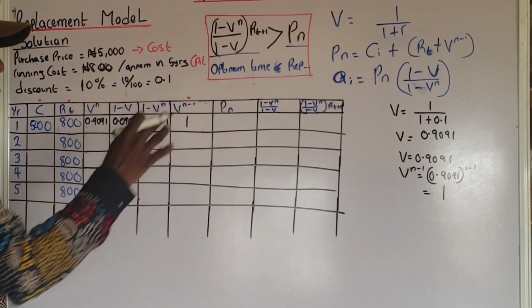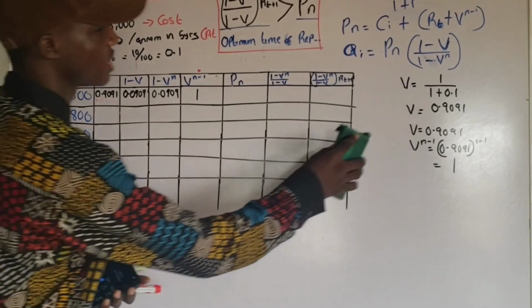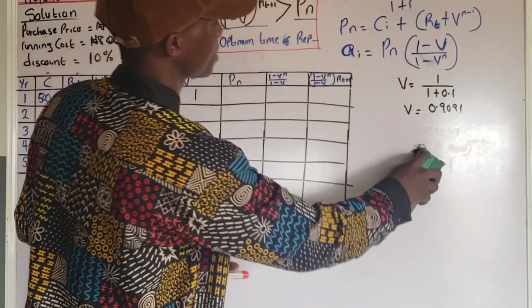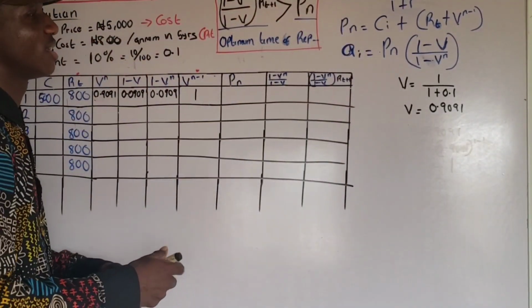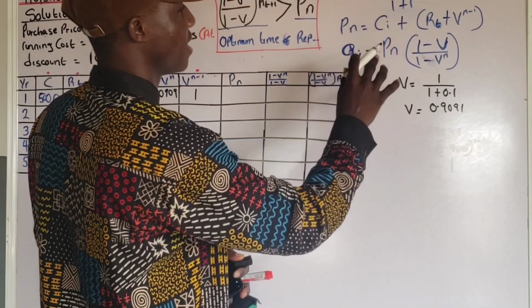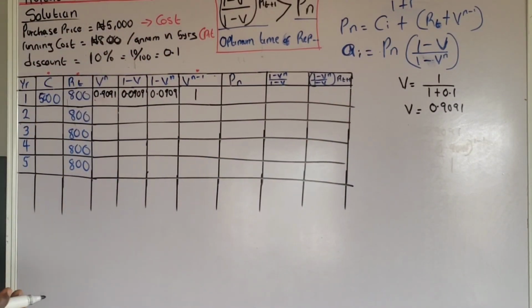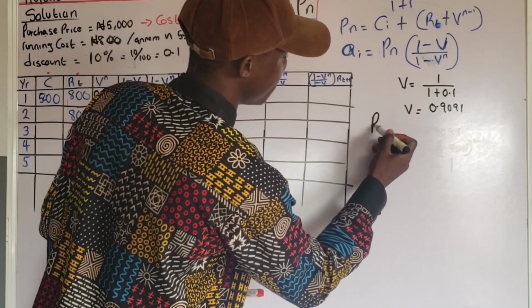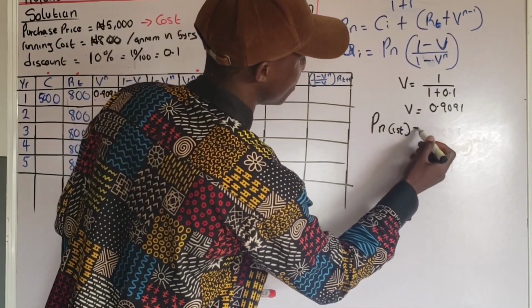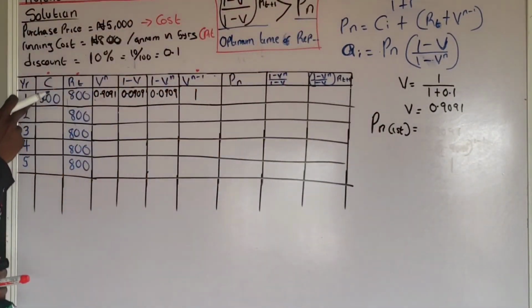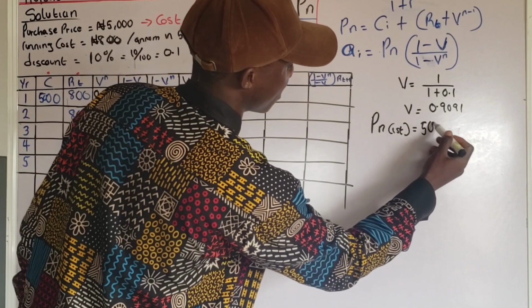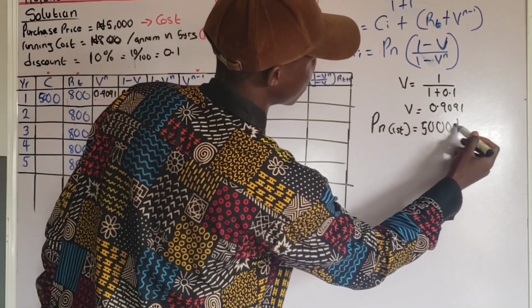So we have Pn. To determine the Pn for the first year, you just have to make use of this formula. Look at this. Pn is equal to Ci plus Rt times V raised to the power of n minus 1. Now, the Pn for the first year will be equal to Ci. Don't forget that the cost is 5,000 naira. So I'm going to have 5,000 naira plus Rt.